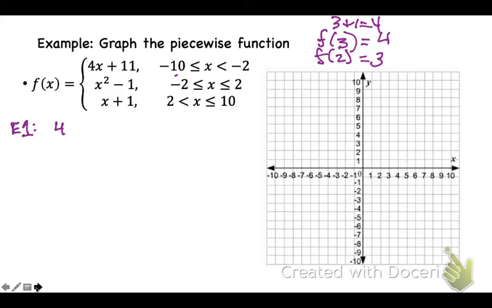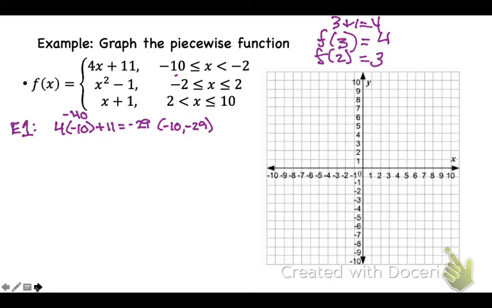So 4 times -10 plus 11. What do I get? -29. Okay, so that point would be (-10, -29). I plugged in an x, got out a y.